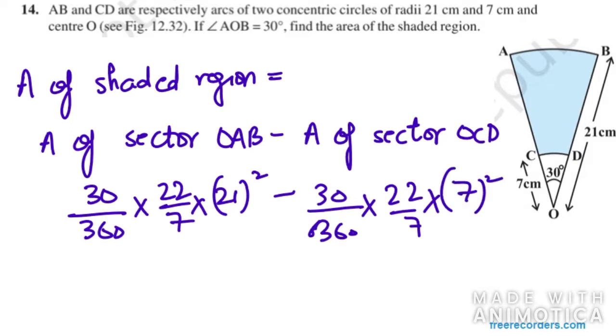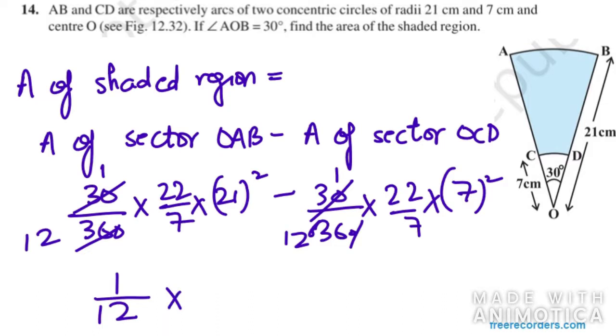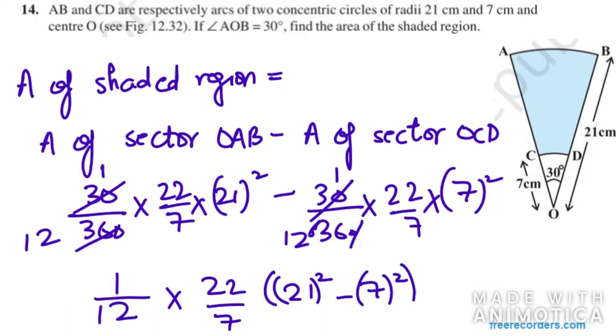So you can take this common 30 over 360, or you can reduce it to 1 by 12. So you can take common 1 by 12 and 22 over 7. So you are left with 21 square minus 7 square. When you solve this part, you will get your simplified answer as 308 over 3 centimeter square.